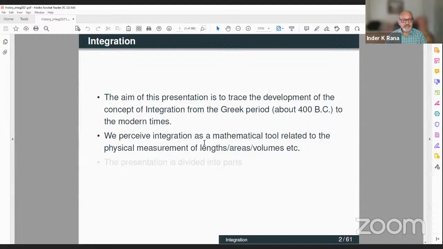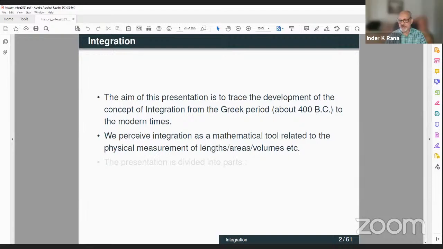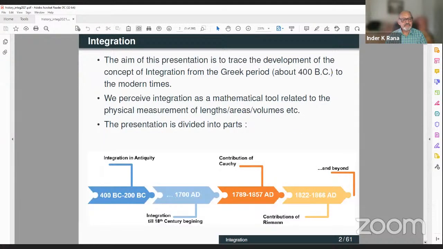With that in mind, the historical concepts are developed. I have divided this into 4 parts. The first part is antiquity, from around 400 BC to 200 BC.